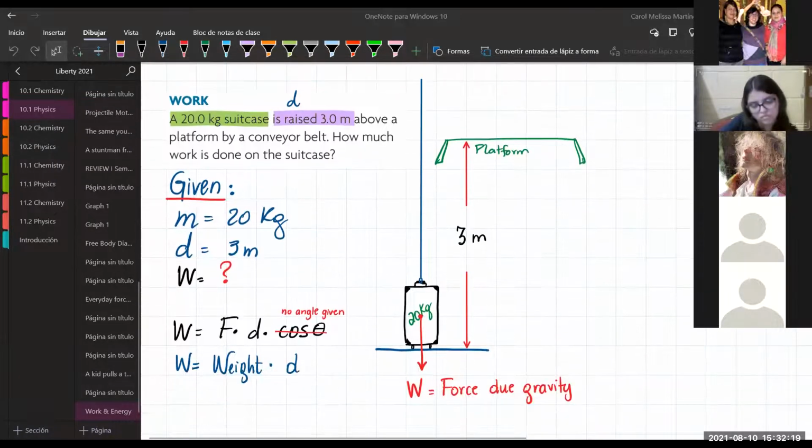Now, if you lift this object, you have no angle, right? Just a 90 degrees angle. That means that it doesn't have a horizontal component. So that's why when I told you that when no angle is mentioned, you're going to use the entire force, okay? Not the component, because no angle is mentioned.